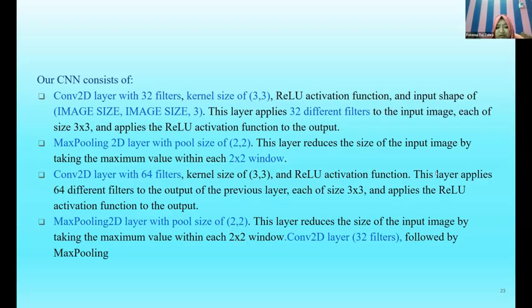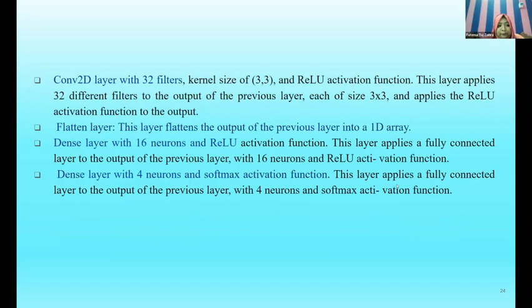It has 16 different filters to output the previous layer. The max pooling 2D layer with pool size of 2x2 reduces the output images by taking the maximum of 2x2 windows.